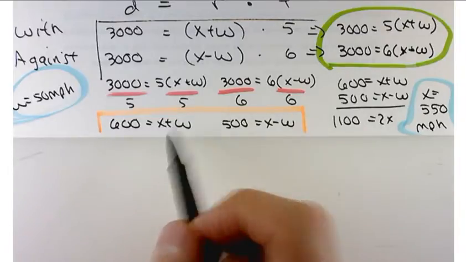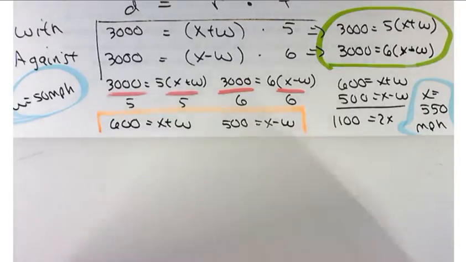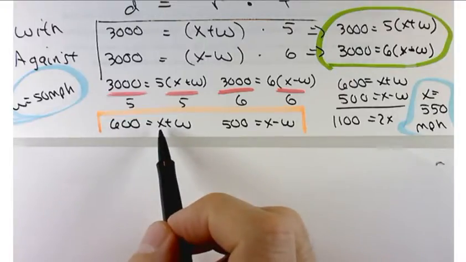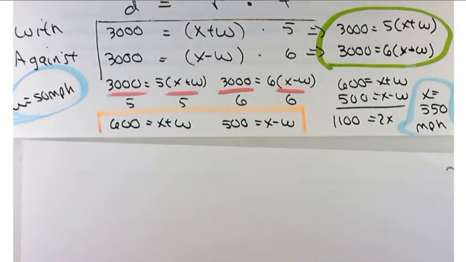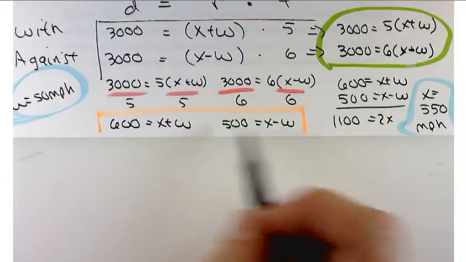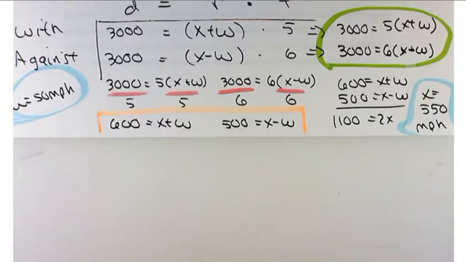If you substitute into here, so 600 equals 550 plus w, subtract 550 from both sides. Yeah, I can go into either one. If you put it in here, then when you subtract it, you get negative 50 equals negative w, and then you divide by negative 1 and just look at the same thing.